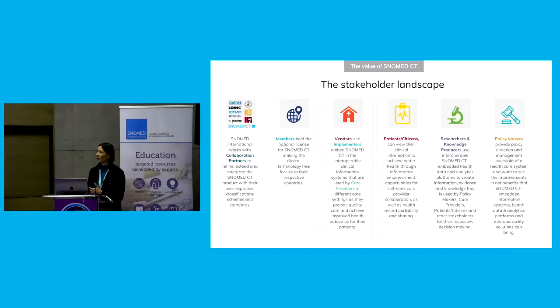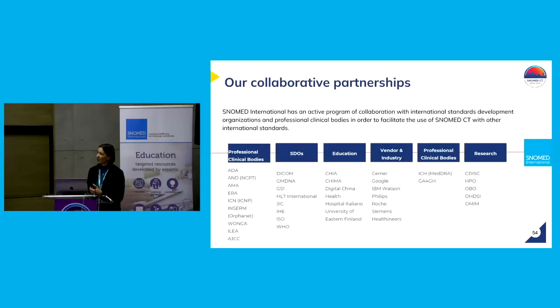And then we've got knowledge producers and researchers that will use this interoperable SNOMED CT embedded health information to develop evidence-based practice. But this can also be used by policymakers to help drive the information they're collecting from there.